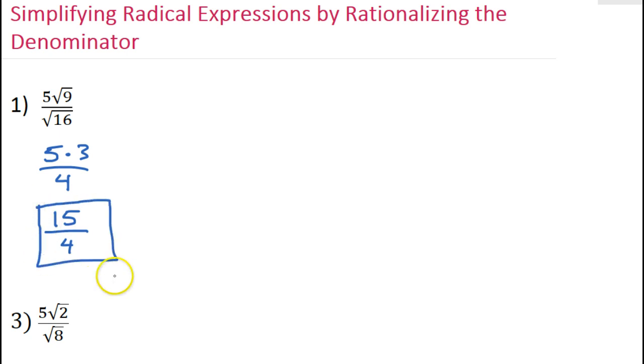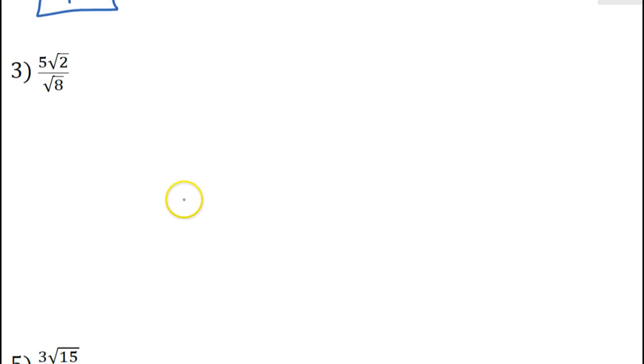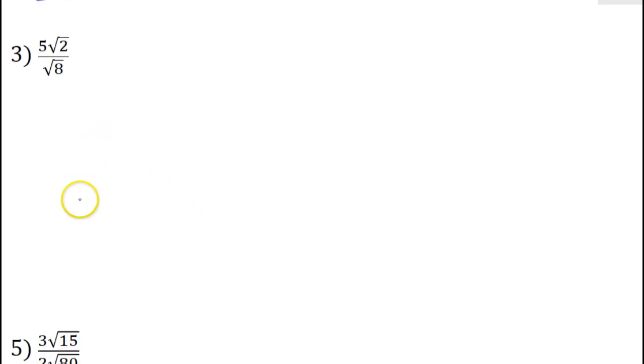That one was a little bit unusual since both radicals were perfect squares and could be simplified by themselves. Usually that won't happen. So look at number 3. Let's start with radical 8. Focus on the denominator. So I have the square root of 8.